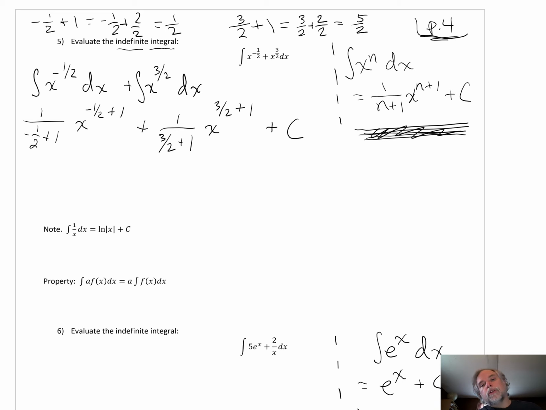Even though there are two terms here, we don't need separate c's for the two terms. We just need one plus c for the general antiderivative or indefinite integral. Then we want to clean up these coefficients a little bit. The n plus 1 part is what we did up top.